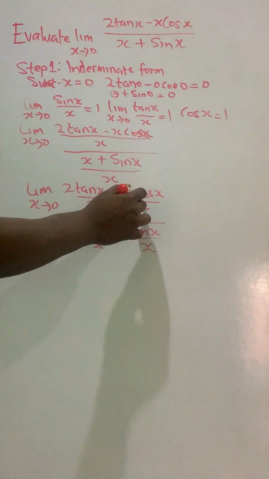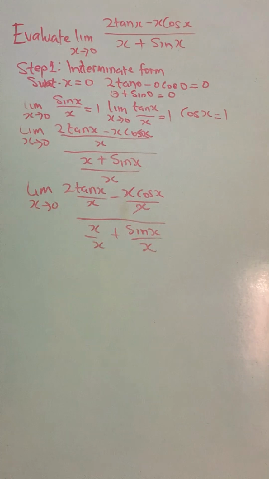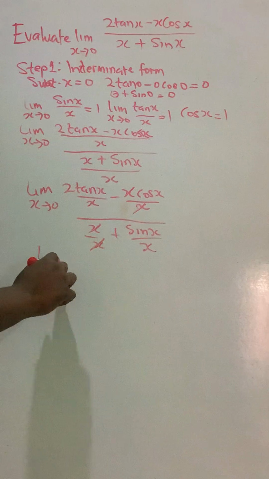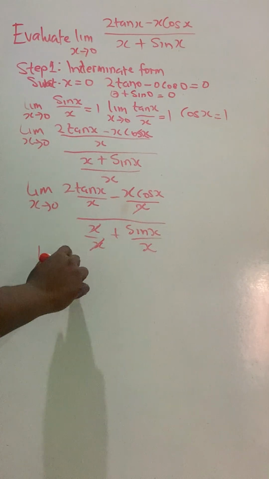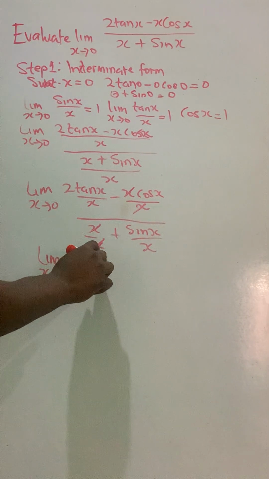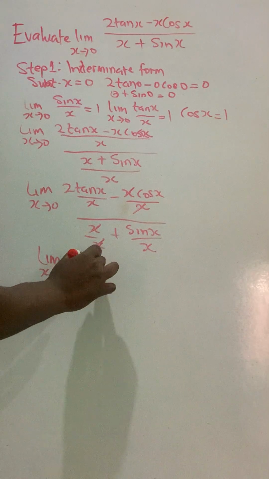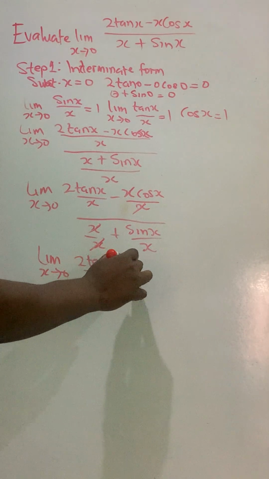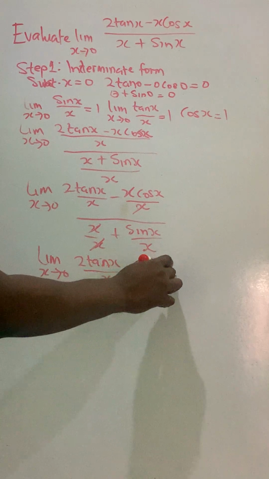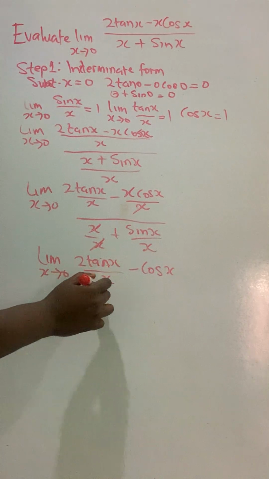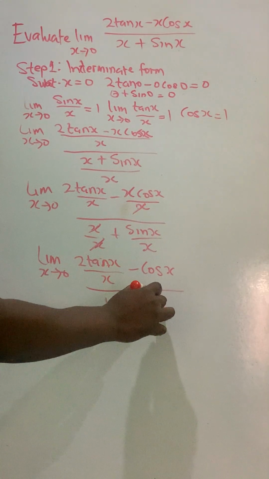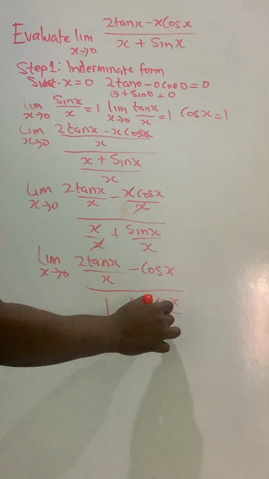So this x here will cancel this x here. This one will divide this. Then we now have lim x tends to 0 of 2 tan x divided by x minus cos x, over 1 plus sine x divided by x.